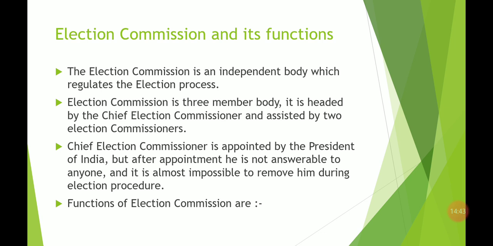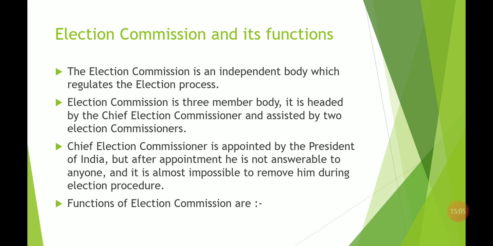The Election Commission is an independent body, likewise the judiciary, which regulates the election process, the whole process from the starting till the end. All the powers are with the Election Commission, that we'll read in the next lines.